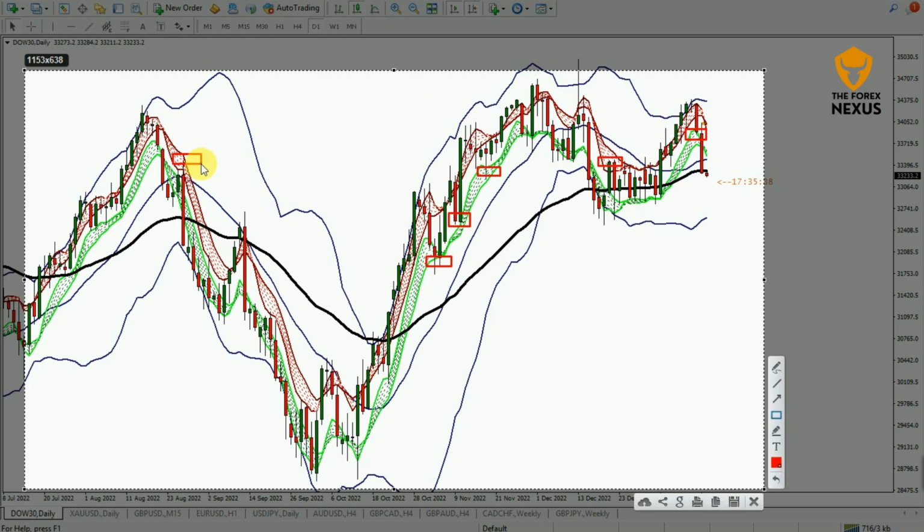These are possibilities. These are the possible areas, but we need to confirm it with multiple time frame analysis like H4, H1. If it's the daily time frame, we need to look at H4 and H1.